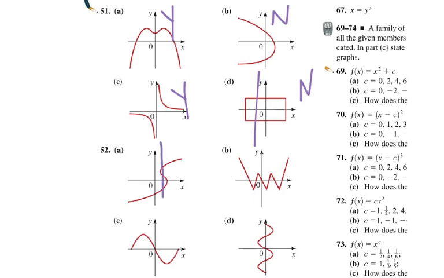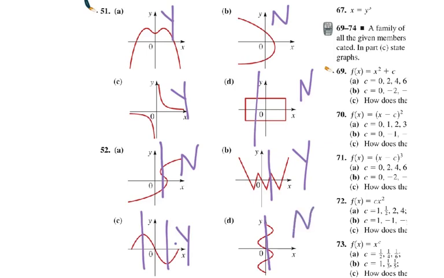If I put it there, you'll notice that I hit the curve in several locations, not a function. The next one may be choppy, but it's only hitting once. It is a function. The next one only hits once. It is a function. And D, if I put my vertical line here, I'm hitting the curve in several places, not a function.